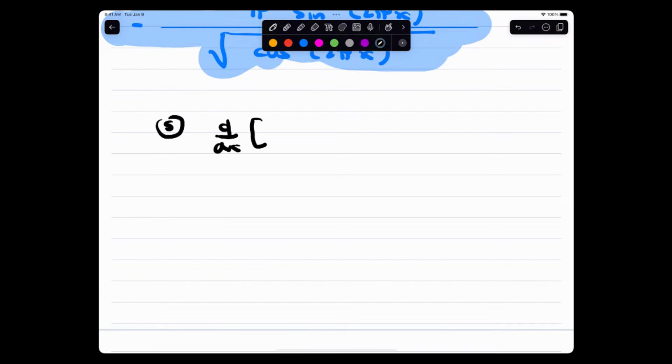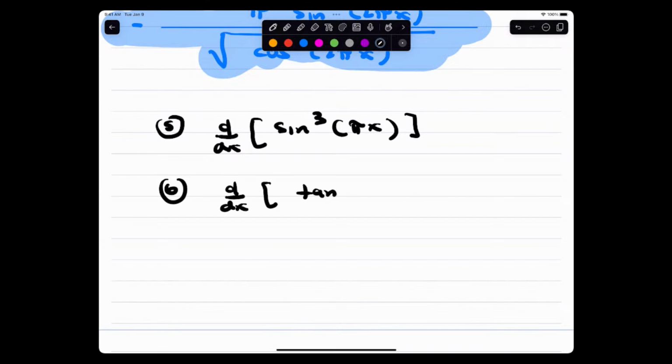Derivative of sine cubed of pi x. Number 6, I'm going to look back at my, where is it? Derivative of tangent of 1/2 x to the 3/2 power here.